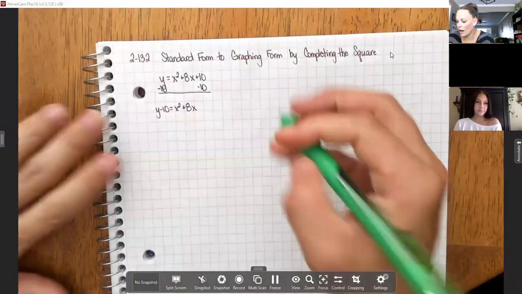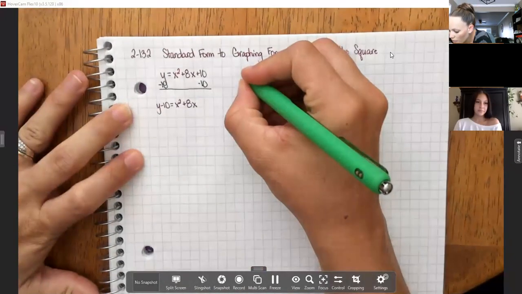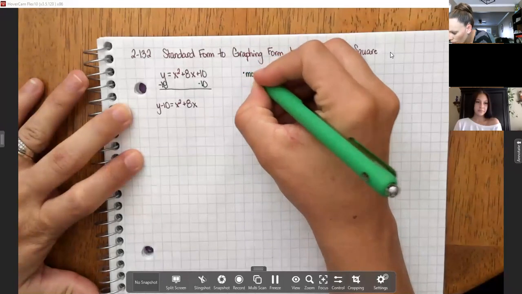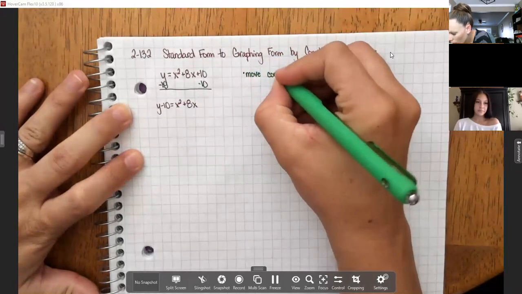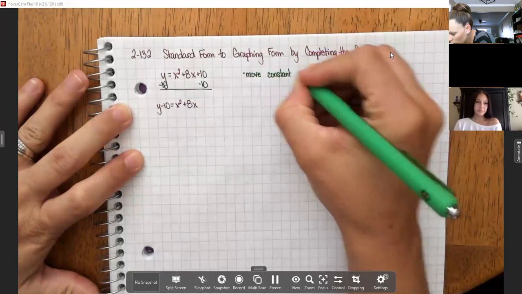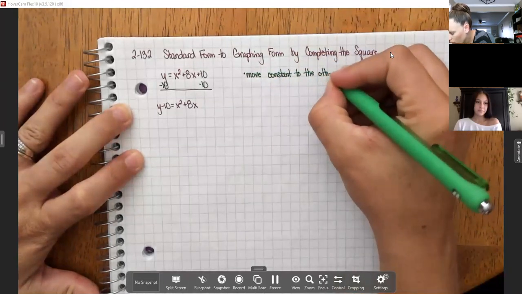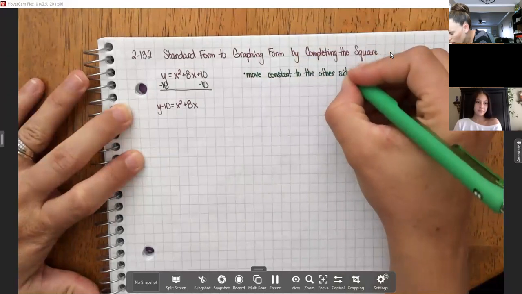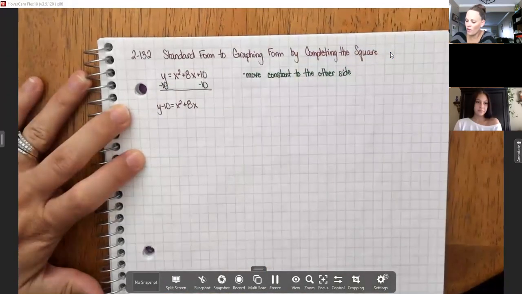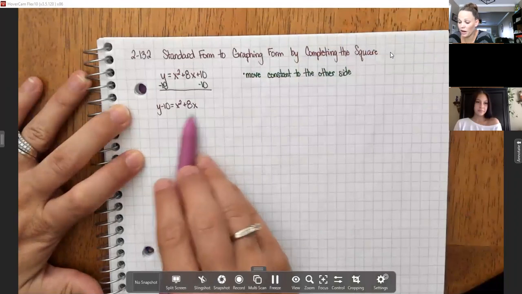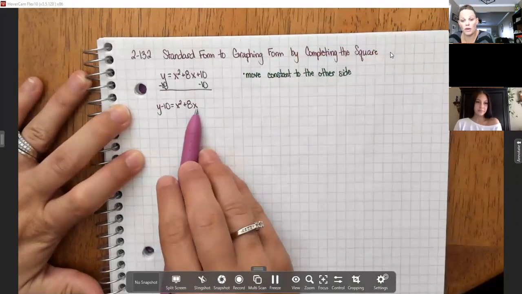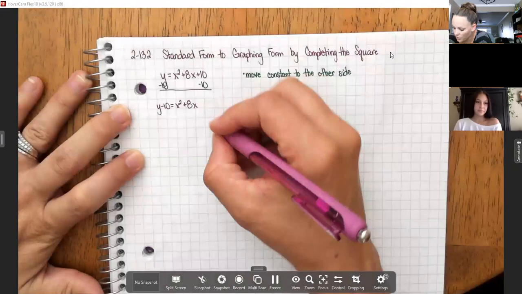So I'll write what I'm doing: move constant to the other side. Then we're going to complete the square by splitting our x terms in half.